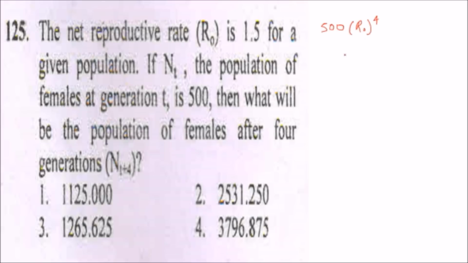The total population will be the initial population multiplied by the net reproductive rate each year. So the answer will be 500 into 1.5 into 1.5 into 1.5 into 1.5, which gives you option 2, which is 2531.250.